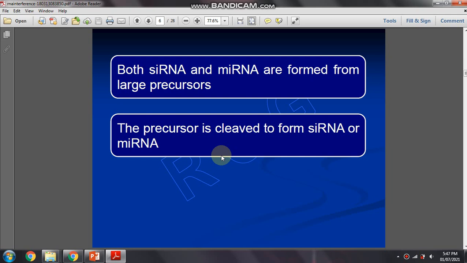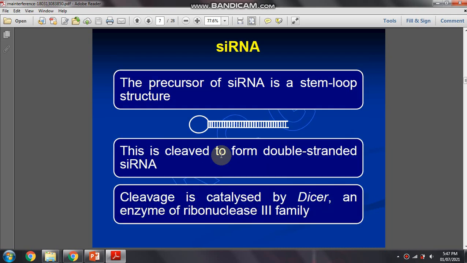Both siRNAs and miRNAs are formed from larger precursor RNA molecules. They are cut to form short siRNAs or miRNAs, depending on their origin, whether exogenous or endogenous. Now the siRNA. The precursor of siRNA is a stem loop structure, like the one shown here.